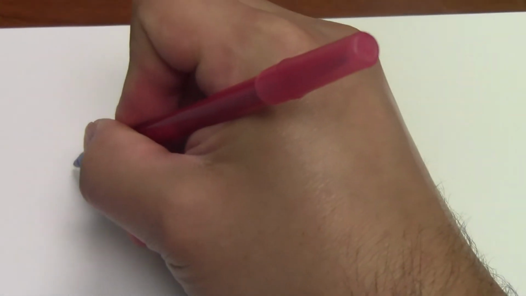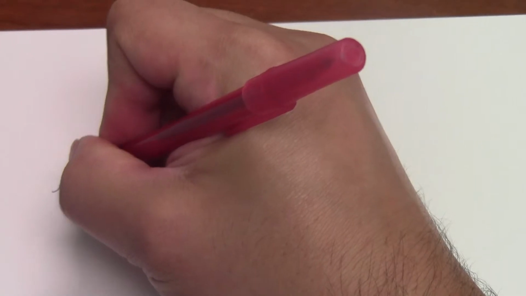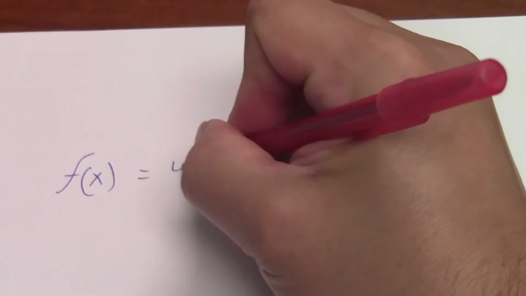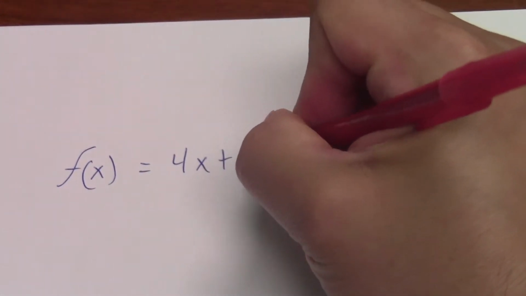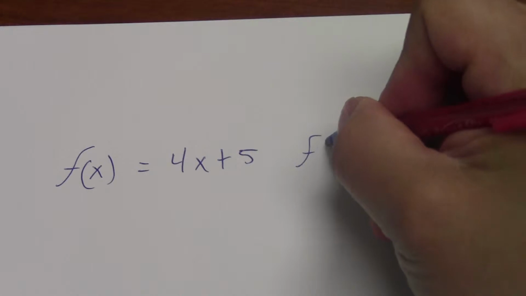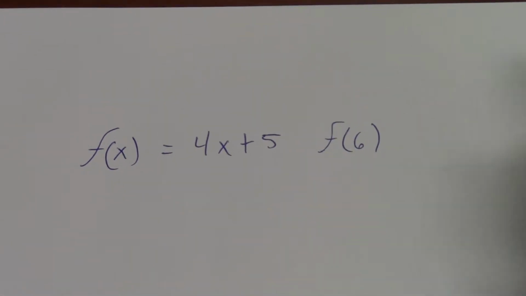All right, let's just figure out basically functions. All right, so if I have f of x equals 4x plus 5, and they tell me that f is 6. All right, now don't get confused.